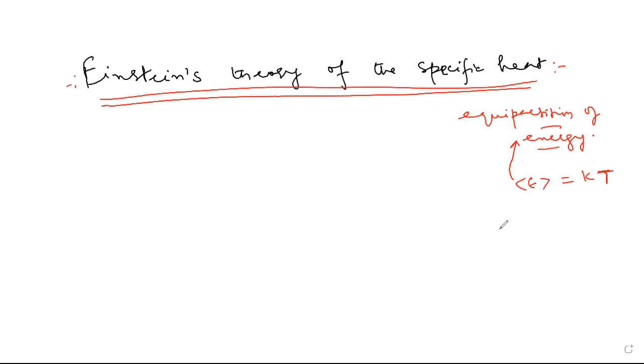Then we proved from that the heat capacity at constant volume per mole of a solid is equal to 3R, which is called Dulong-Pettit law.